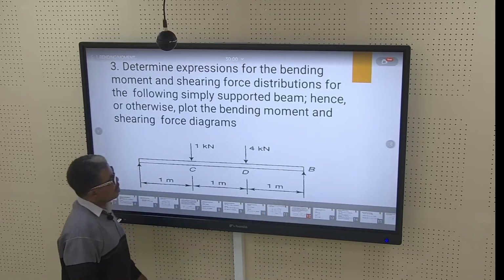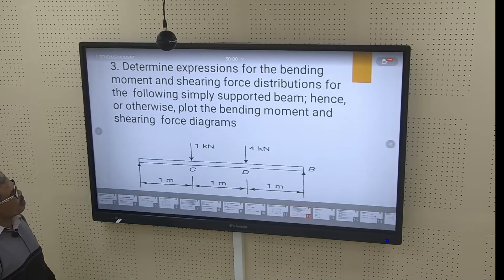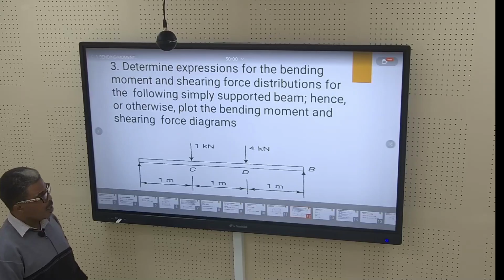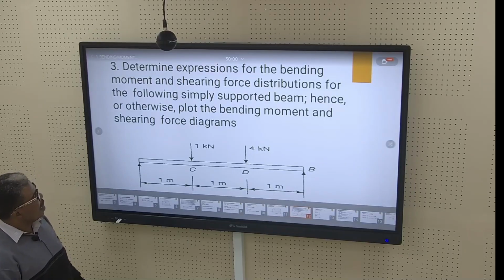Example 3, determine the expressions for the bending moment and shearing force distribution for the following simply supported beam. Hence, plot the bending moment and the shearing force diagrams.